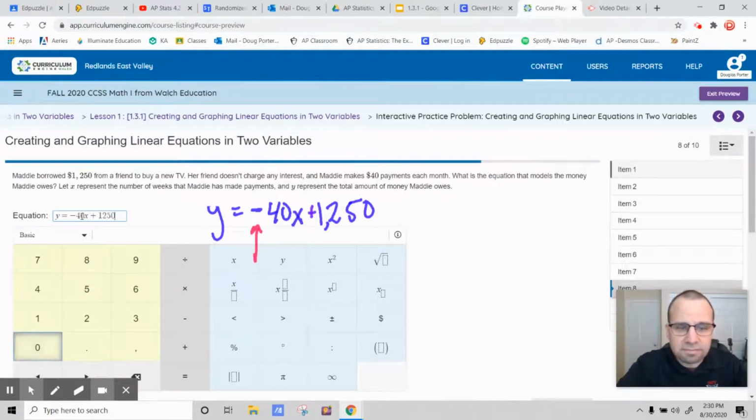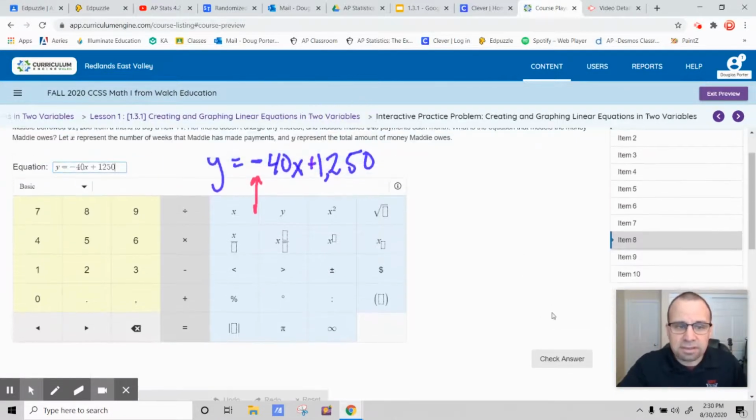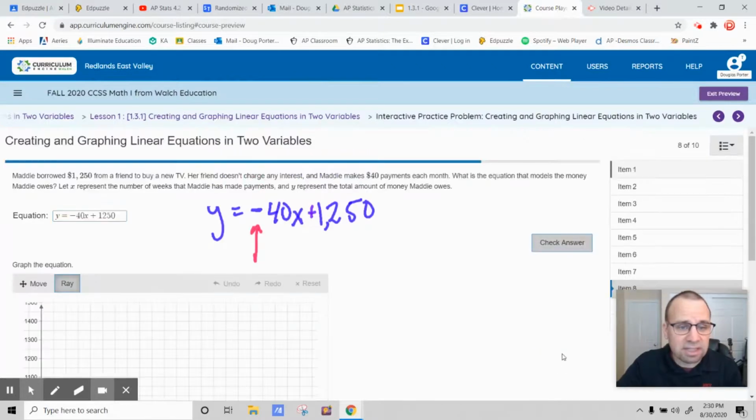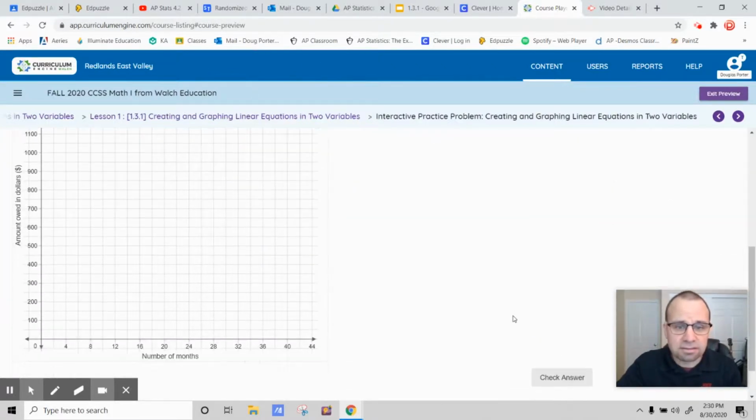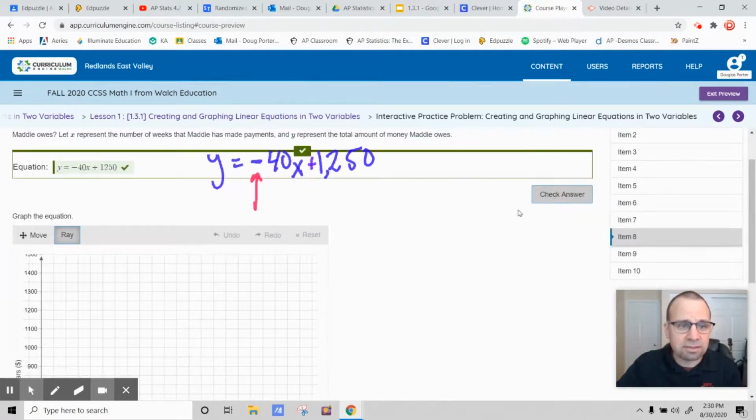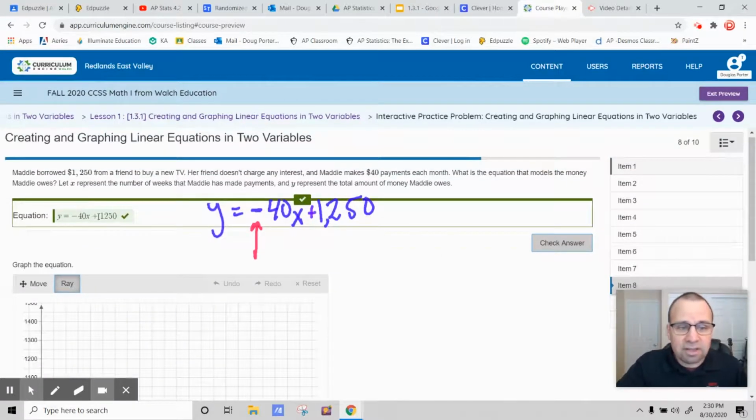Oops. Hopefully that works. By the way, they said that they have trouble. Sometimes the comma works, sometimes it doesn't. So if I check my answer, did I check my answer? Yeah, I got it. Okay, so if you're getting it wrong, you might want to try it without the comma, but we got it right, so let's continue on.